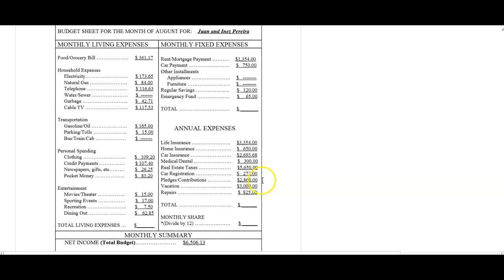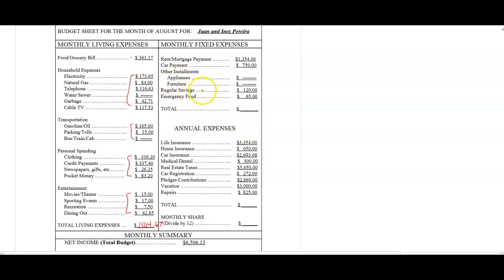If we go ahead and find the monthly living expenses, what we're basically going to do is add all of these expenses up. When you add them all up, you get $1,504.67.